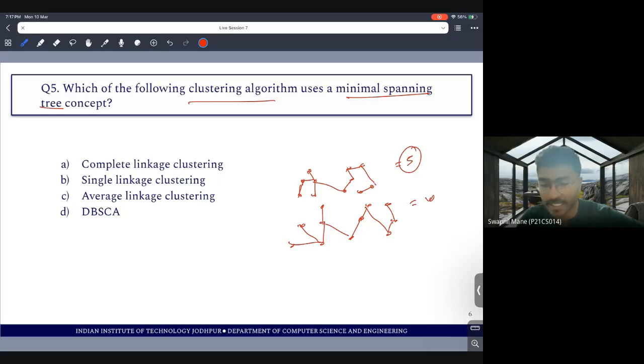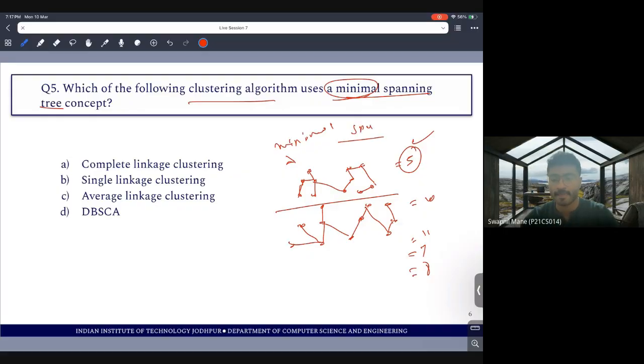If you draw any other possible spanning tree, which has 11, 7, or 8, then among all of these spanning trees, you get the minimum for this structure. That's why we add the term minimal: minimal spanning tree. I hope you guys understood what a minimum spanning tree is; we have also seen it in our first year maths.